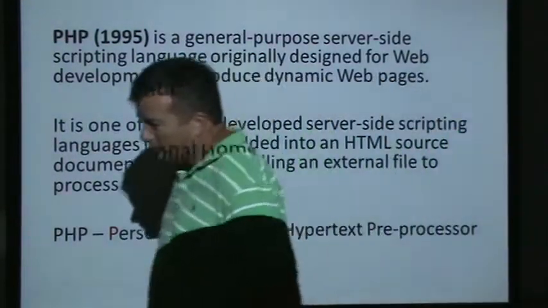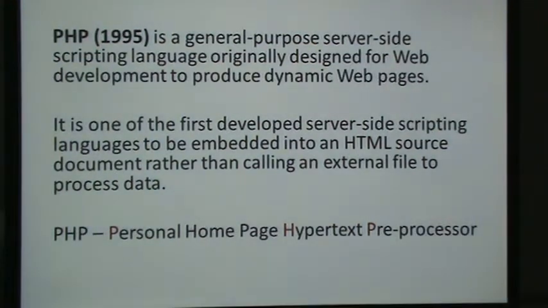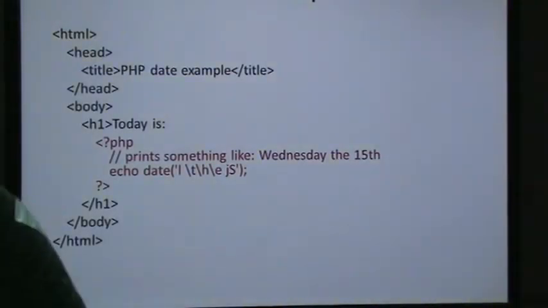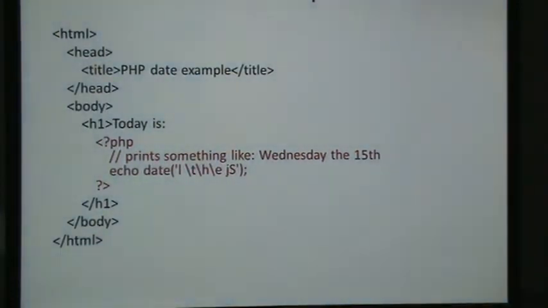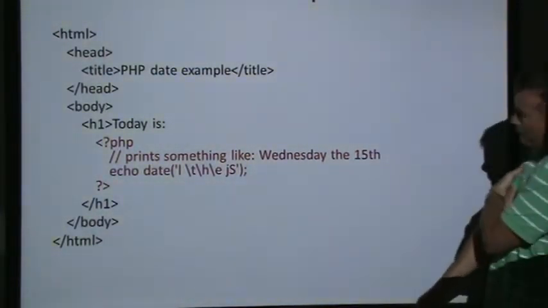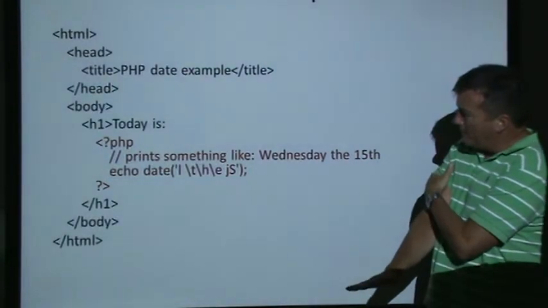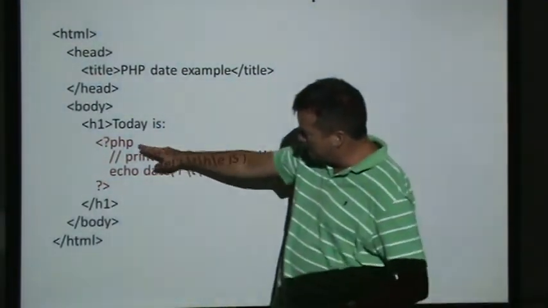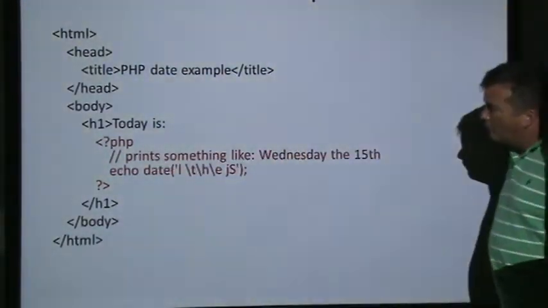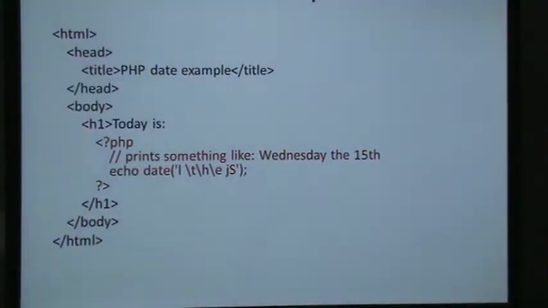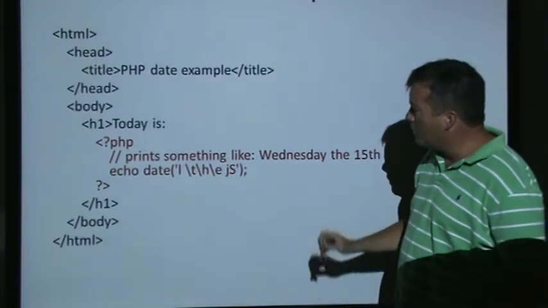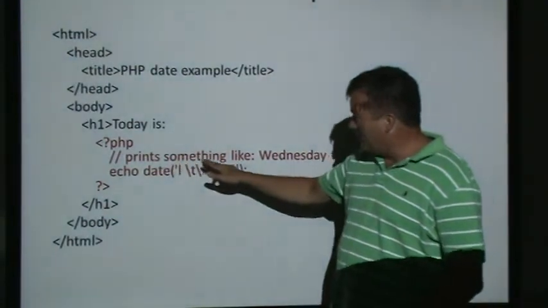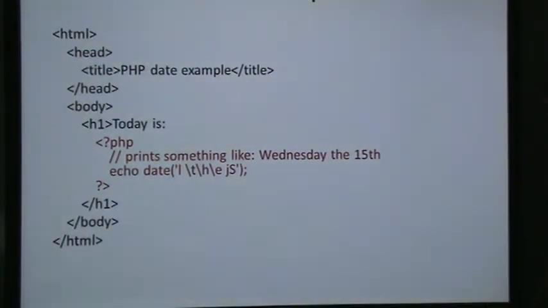So I'll show you a little dynamic scripting thing, how that actually works. What we end up doing is we take standard HTML code, and if your file is a PHP file, there's now this additional tag that we can add. So for example, this would be an HTML file. Everything in black is standard HTML, and what's new is this PHP chunk of code, and it'll print something like Wednesday the 15th.